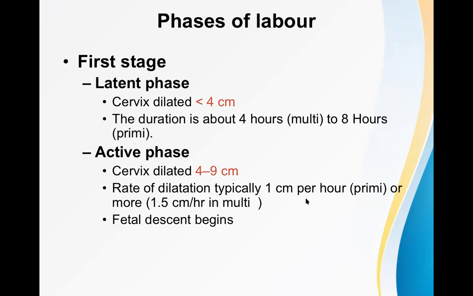After it reaches 4 centimeters, it will progress very fast and reach full dilatation. And during the active phase of the first stage of labor, the fetal descent also begins because of the vigorous uterine contractions, and the fetus slowly descends downward.